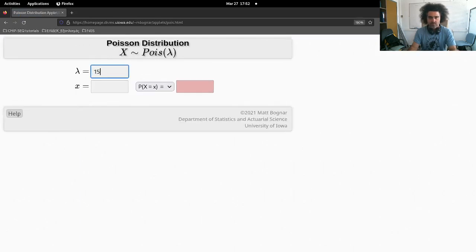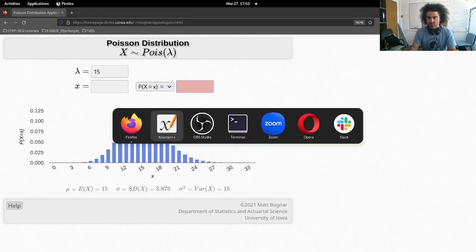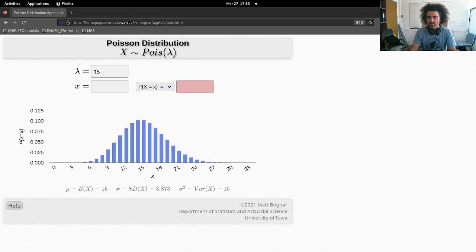We have lambda 15, which is this distribution, so you see that the peak is at 15, and then we might have, just by chance, generated 21, 22, 23 successes according to this process. Now if we want to find the p-value of having observed 35 reads or more by chance, we go here and just put the number 35.